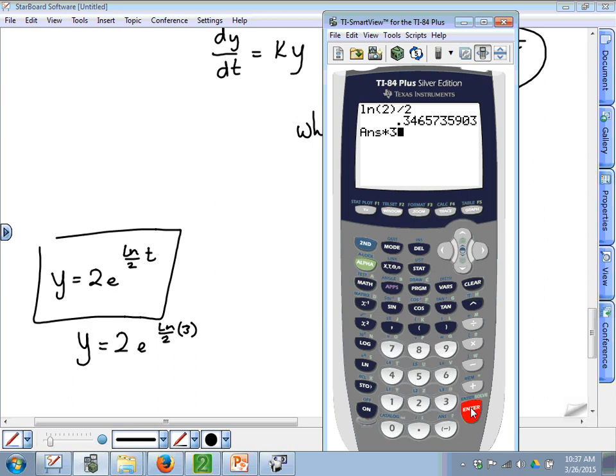Multiply that by 3. Now you raise e to that power. And then you multiply that by 2. Notice it was really important that you don't round until the very end. If you started rounding up towards the beginning of the problem, then the final result would have been much further off.